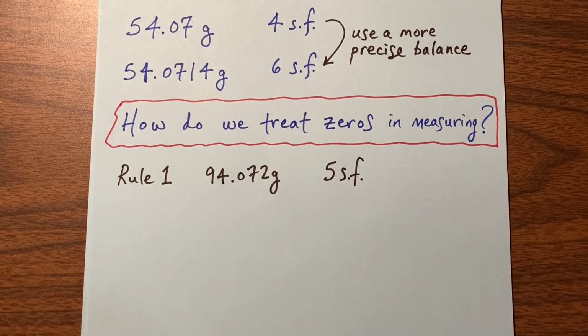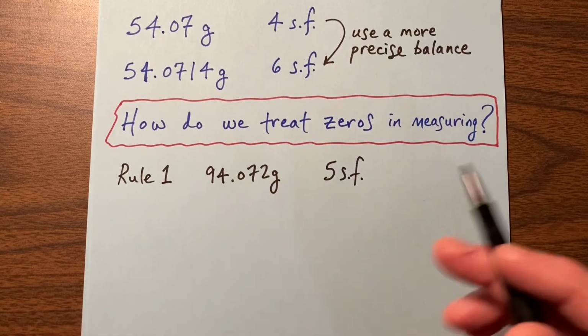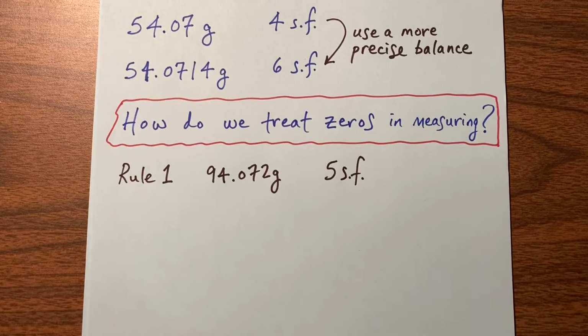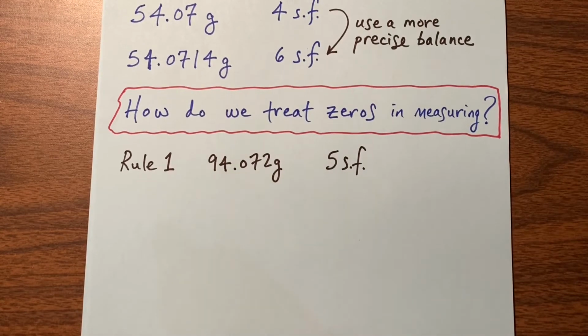If you use mass in some formula, you have to keep track of sig figs for each measurement, because that's going to influence how many sig figs and how precise you can say your final answer is. You can't just say your final answer has 10 sig figs in it, like a calculator might spit out a number. A calculator doesn't know how to round off numbers. It's just a simple computer. So we have to round off numbers that we calculate.